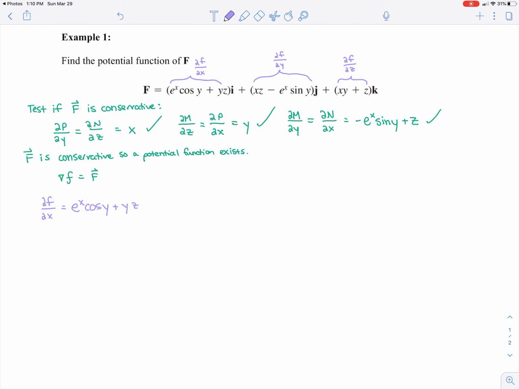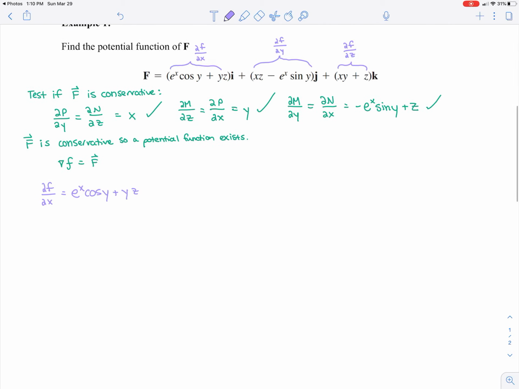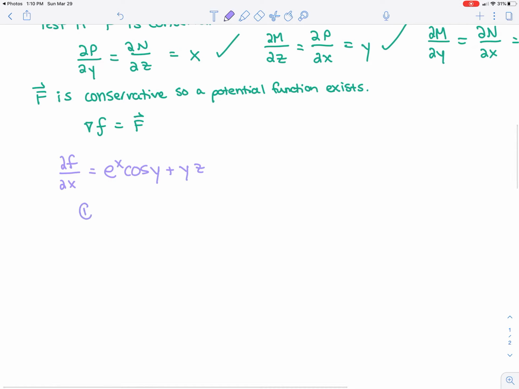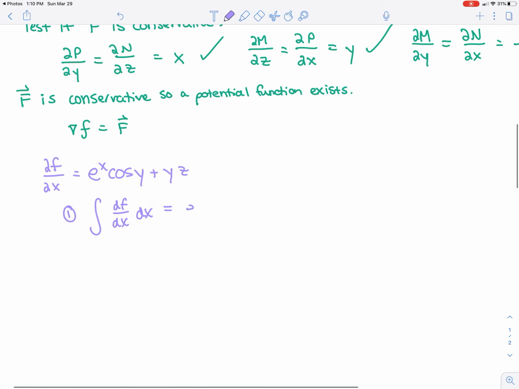So the first step is we're going to integrate this first equation with respect to x and get our first piece of the equation. So we'll integrate df dx with respect to x. And what does that give us? So that will become just e to the x cosine y.